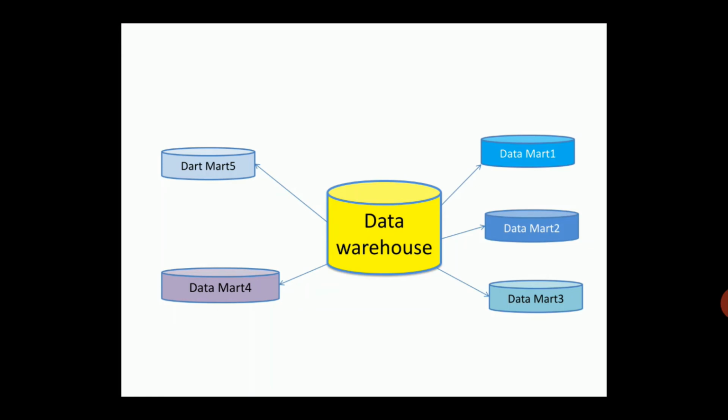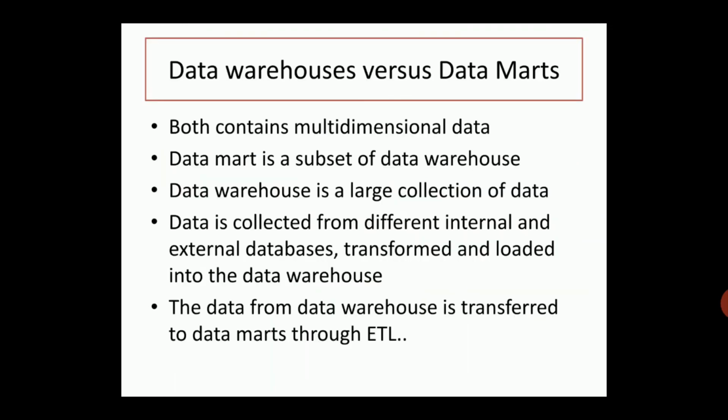Data marts contain a subset of data warehouse data. Both contain multidimensional data. The data mart is a subset of the data warehouse. The data warehouse is a large collection of data, as we know, so its subset is divided into data marts.